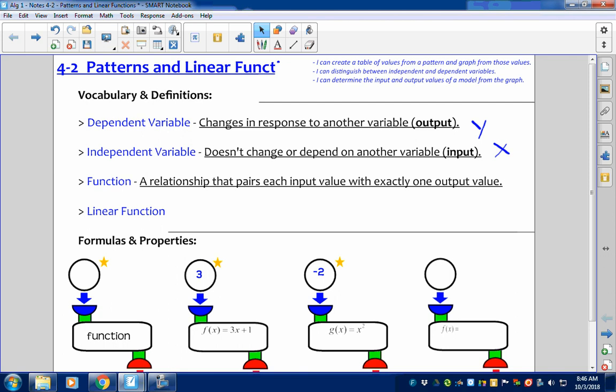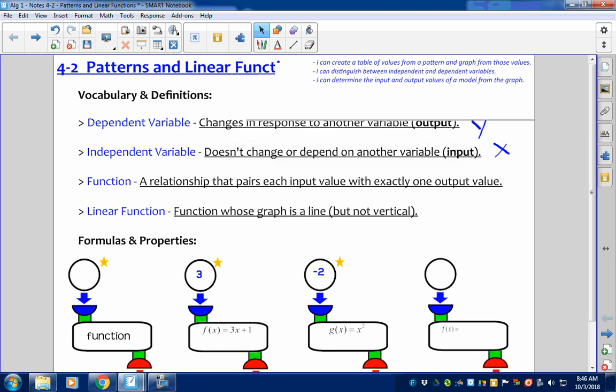And in the first semester of Algebra 1, which is where we're at here, we focus on what are called linear functions. Next semester we focus on quadratic functions. But linear functions are of degree 1, we say. They are of degree 1. That means the power on x, or the power on the independent variable, is 1. So a linear function is a function whose graph is a line, but not a vertical line.